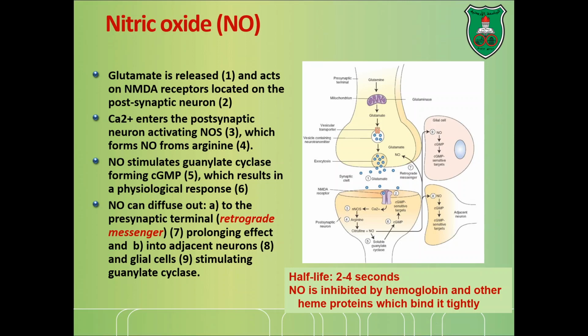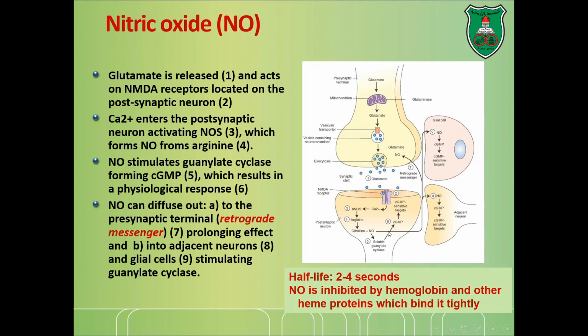This calcium ion would activate nitric oxide synthase enzyme, and this enzyme is important for converting arginine into citrulline and nitric oxide. Now nitric oxide is synthesized in the postsynaptic cell.